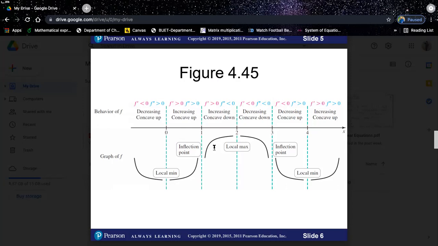We need to know the basic criteria, the basic requirements. It's easy to understand how it's decreasing or increasing, but what should we do for concave up or concave down? Anyone? We have seen this before, right?